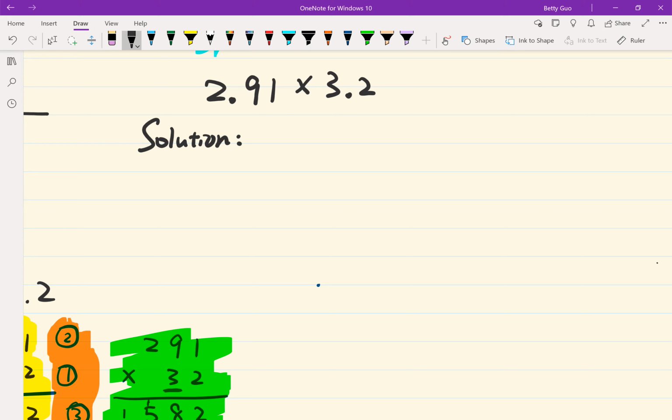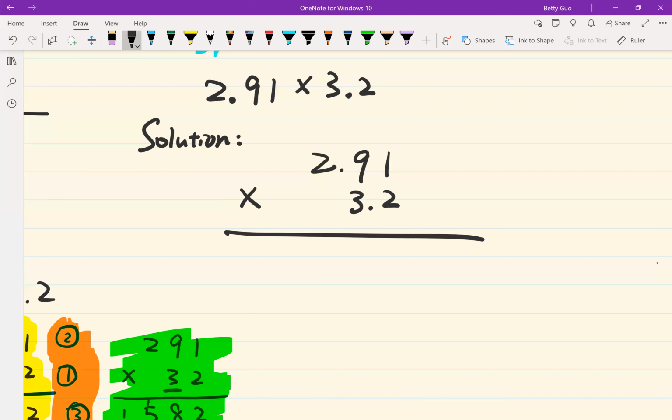Firstly, you still have to vertically line up the two decimals. But when you line up vertically for the purpose of multiplication, you want to make sure the last non-zero digits are aligned. You can see the decimal points are not aligned.